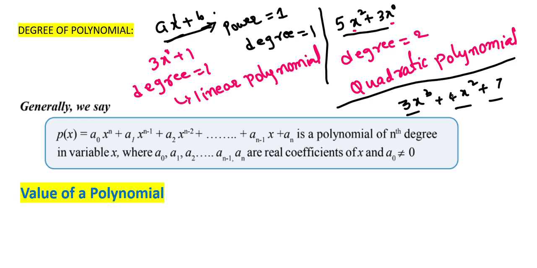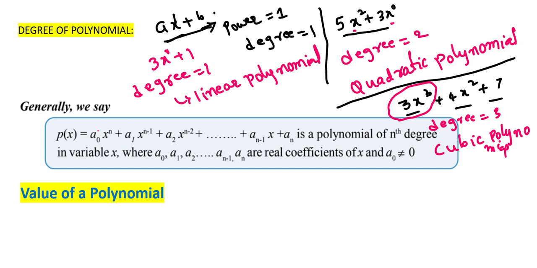Comparing them, 3x cube has the highest power. So the degree is 3. If the degree is 3, we call it a cubic polynomial.